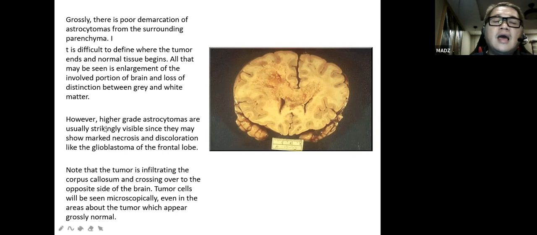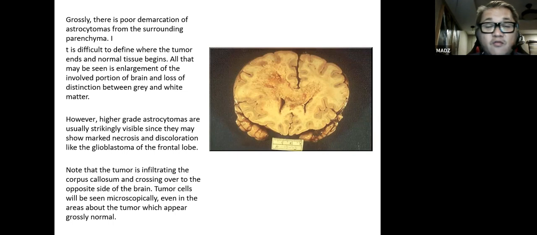However, the higher grade astrocytomas are usually strikingly visible, since they may show marked necrosis and discoloration, like in glioblastoma multiforme of the frontal lobe. Usually, if you see necrosis, that would only mean the astrocytoma is grade 4.